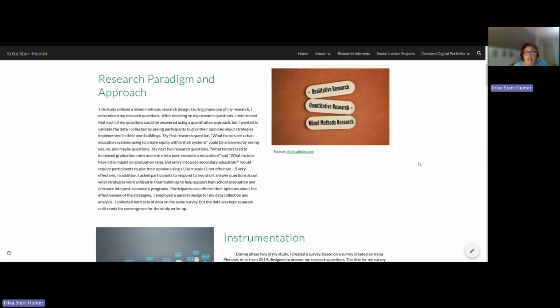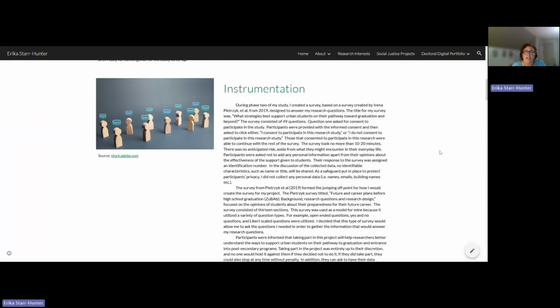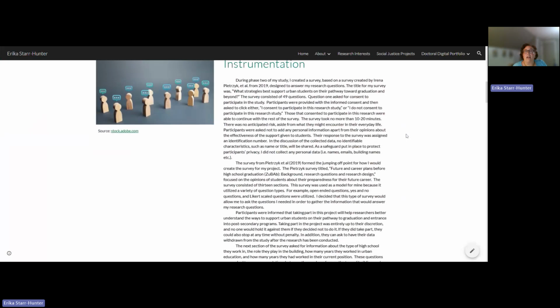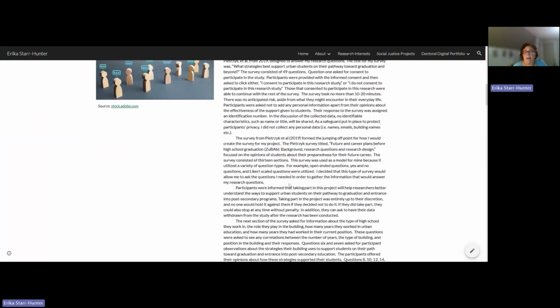I developed a survey that used a Likert scale for effectiveness and ineffectiveness, but I also included open response questions for urban educators to give their opinions about the different factors that would increase overall equity within their schools. I based my survey on a survey that had already been created called Future and Career Plans Before High School Graduation.